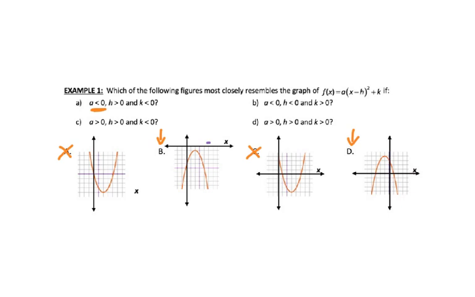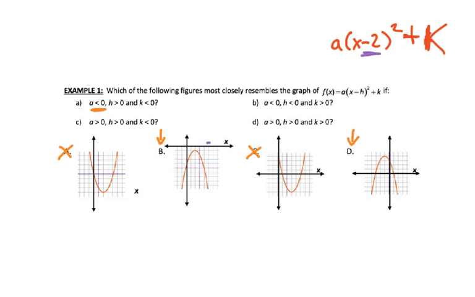Next up, we know h is positive, right? So with a positive h value, what does that mean? That means like in here we have something like x minus 2 squared plus k. Sorry, my pen was acting up. Plus k. Okay, so what does this mean? Well, we know that it's the opposite of x.